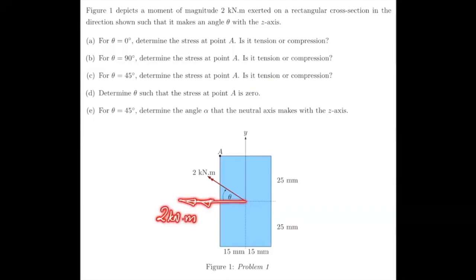Now, if you have a moment like this, and if you use your right-hand rule, you can imagine that it would push A in, and then if you had a point here, it would pull it out. So the stress would look like this. We expect the stress to be compressive.